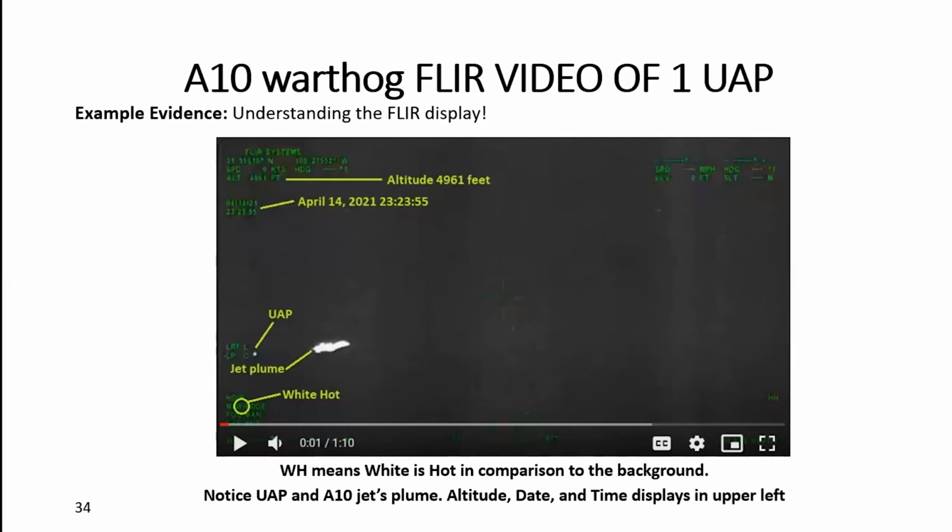So now, these are some examples to show the display. Where it says WH on the display, that means white hot in comparison to the background. Notice the UAP and the A10 jet plume. Altitude, date and time displays are in the upper left; you can see the date and the altitude there in this example.